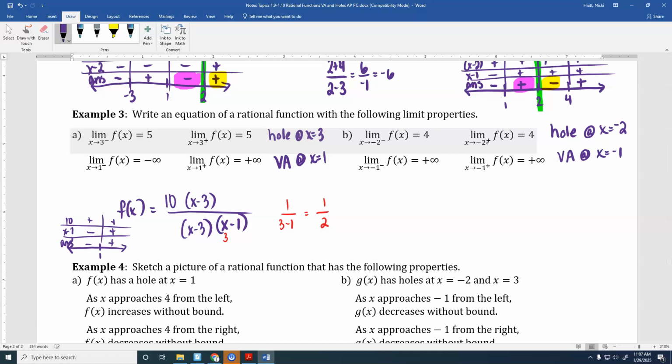So for this function, we definitely need to have an x plus 2 in the top and the bottom. That'll take care of our hole. We also need to have an x plus 1 in the bottom to get a vertical asymptote.